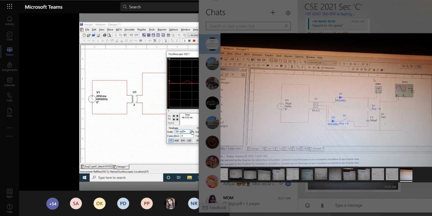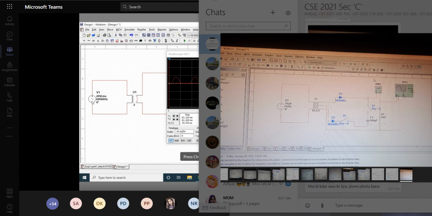Volts per division, just increase a little bit. Sorry, expand along the y-axis. So this is now 60,000 hertz we have made. It's not changing. Can you increase your frequency further?